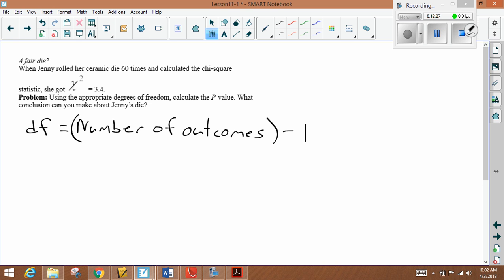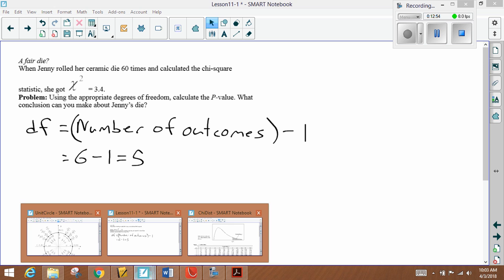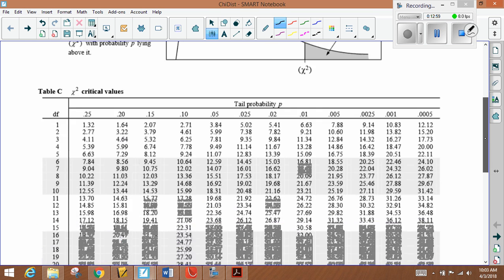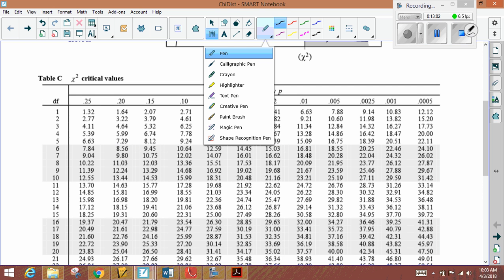So in this case with the die, our number of outcomes was 6, right? We had 6 possible outcomes. So we will go to our table. So this is how we'll use it. We're going to look at our degrees of freedom. 5.